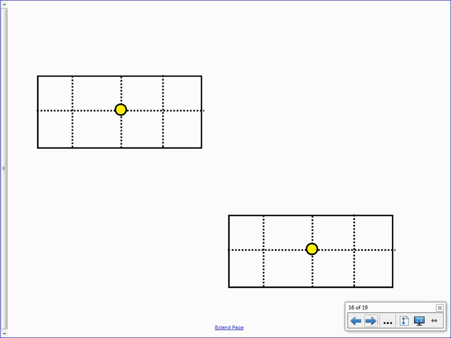So let's talk about the tangent graph if we have a positive A. On the outside of our frames, what are we going to draw? Okay, the asymptotes. So the asymptotes should line up with the edge of your frame. Okay. Then you have three critical points.